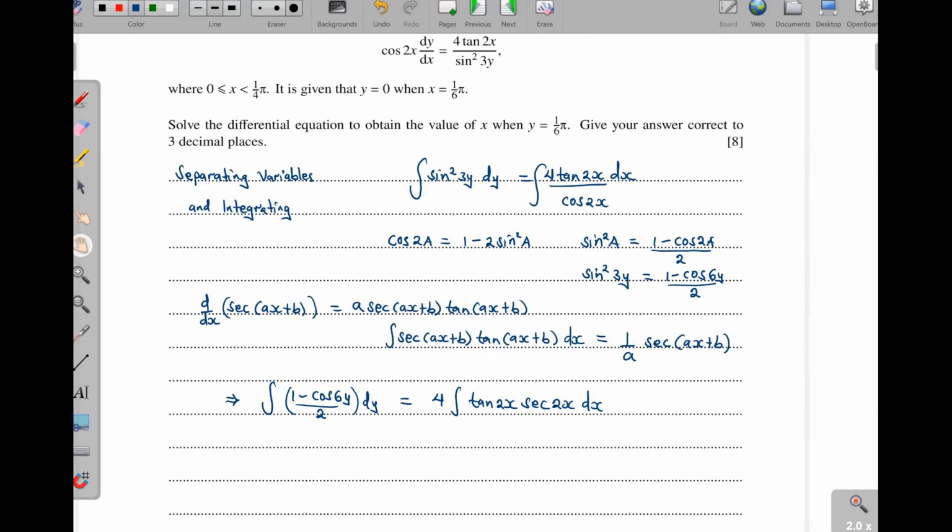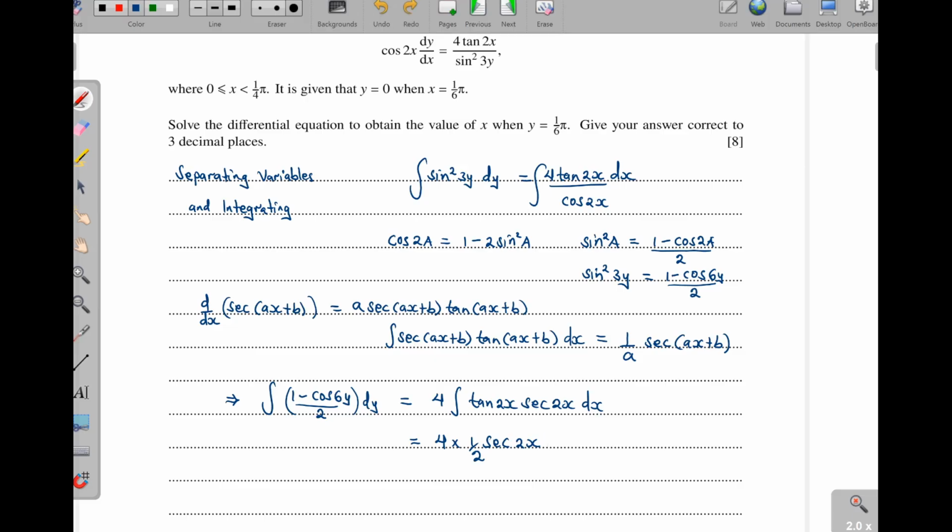Now, by comparing this one here with what we are having here, the b here is 0, a is 2. You see that? So when we differentiate, what is inside here is the one that gives us this a here. So that means we shall have a 4 here, then times a half, because a is this 2, then sec of the 2x. You see that?